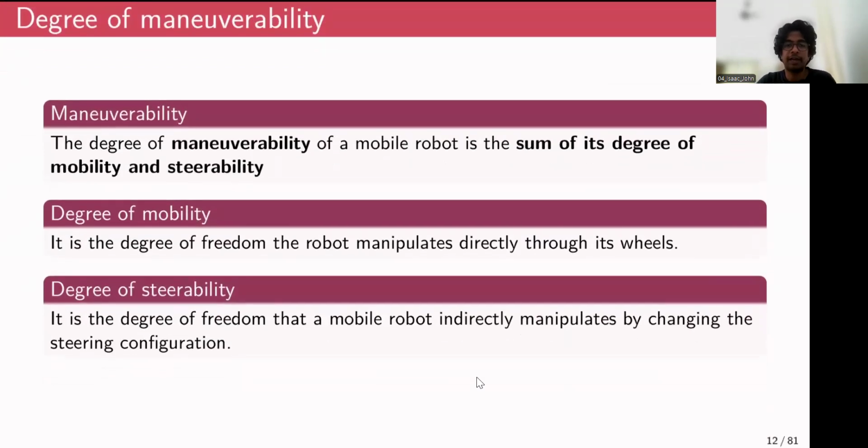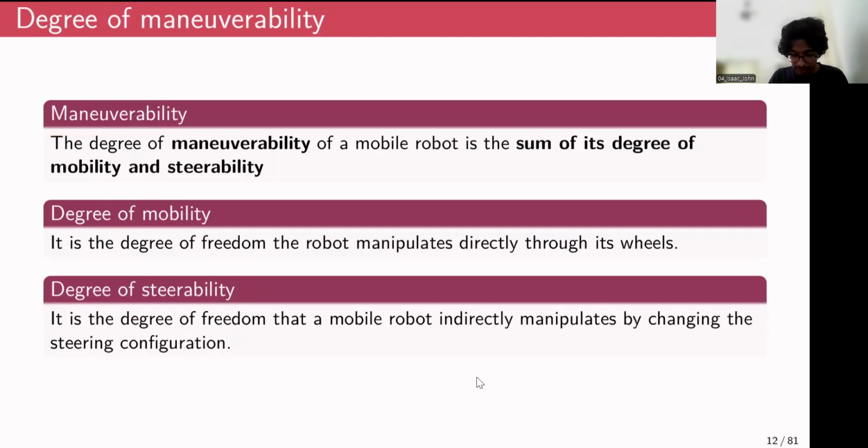And the final topic of week 1 was something called maneuverability. We saw the definitions of maneuverability, degree of mobility, and degree of steerability. Degree of maneuverability is nothing but the sum of the degree of mobility and degree of steerability.